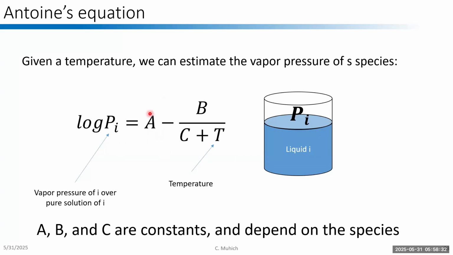Okay, so what you would do is go to a table or a database. You would look up hexane, octanol, whatever you're interested in, and they would have these constants A, B, and C, and then you can find out what the pressure is of that species as a function of temperature.